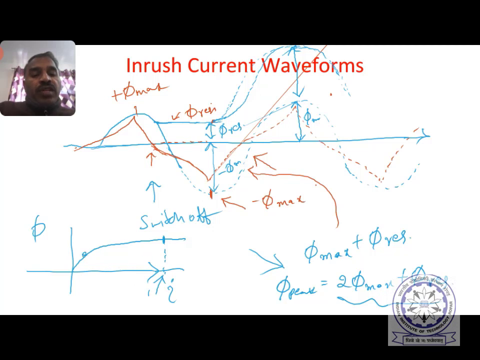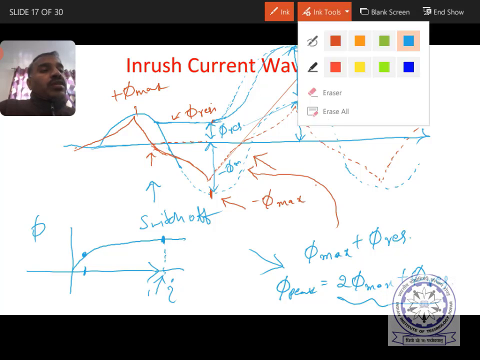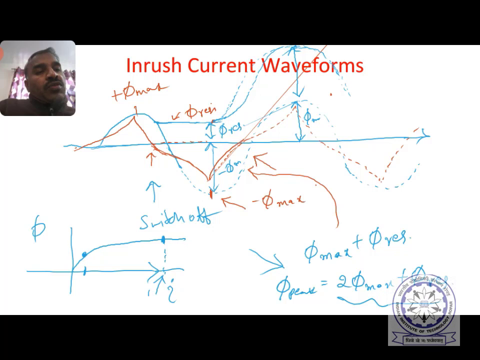If it is here, then the I value is here. But if it is in the saturation portion, if it is 2 phi max plus phi residual, then a huge current will flow. Therefore, the inrush current will be huge compared to the steady state current.